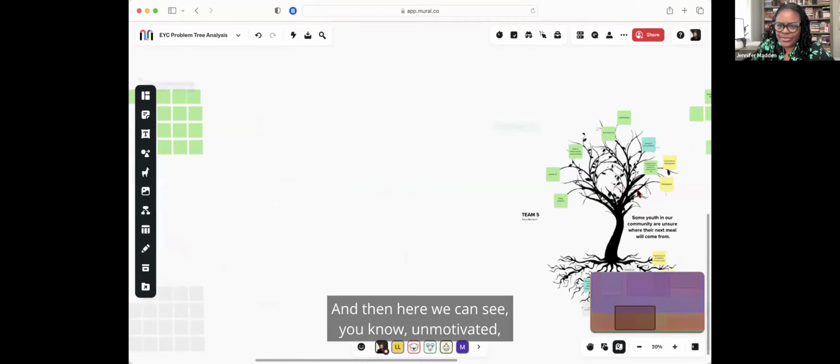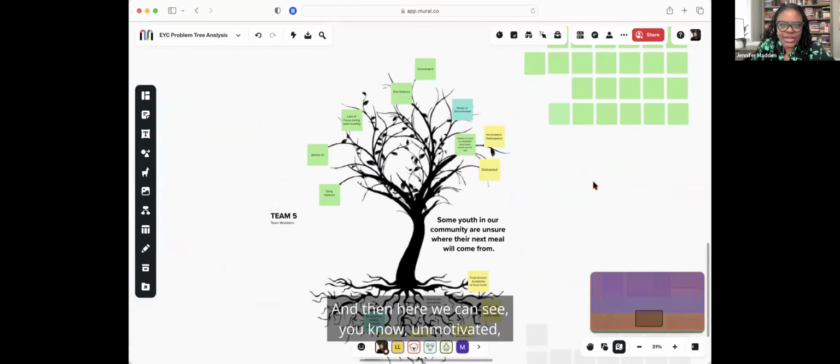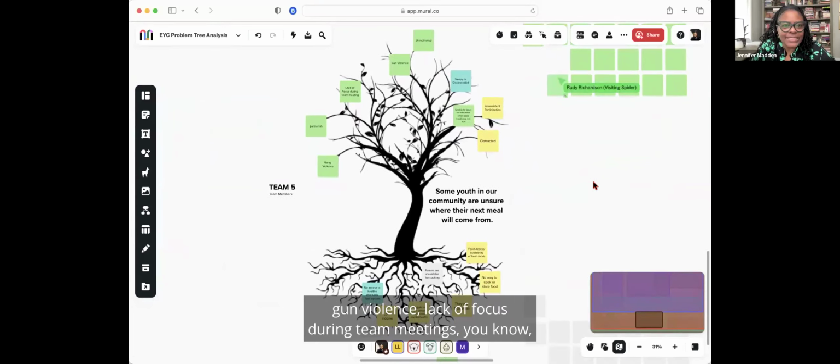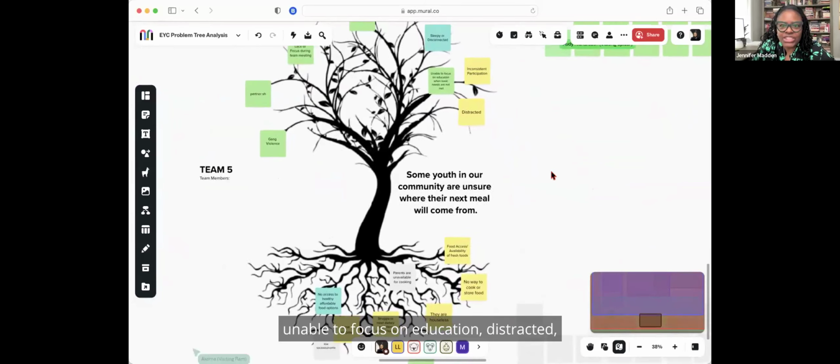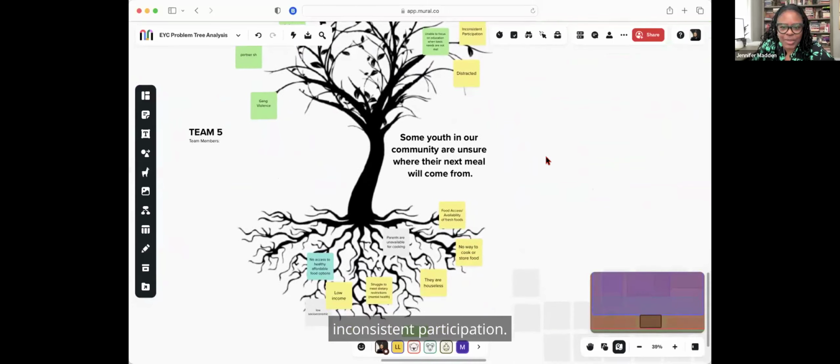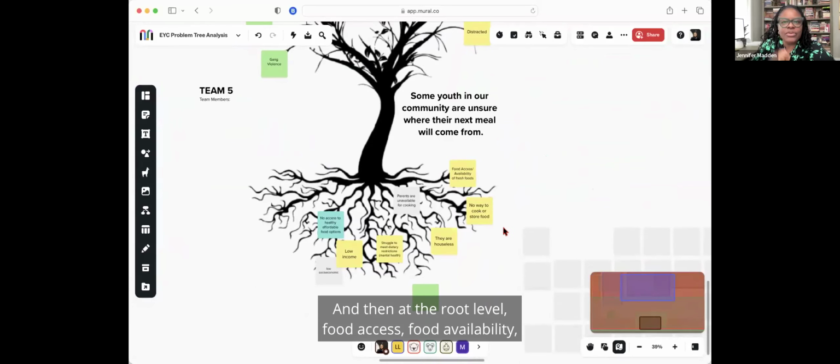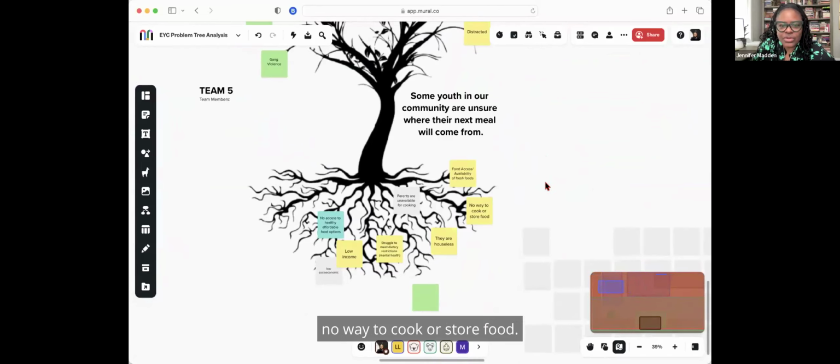And then here we can see unmotivated, gun violence, lack of focus during team meetings, unable to focus on education, distracted, inconsistent participation. And then at the root level, food access, food availability, parents not available to cook, no access to healthy, affordable food options, low income, unhoused, no way to cook or store food.